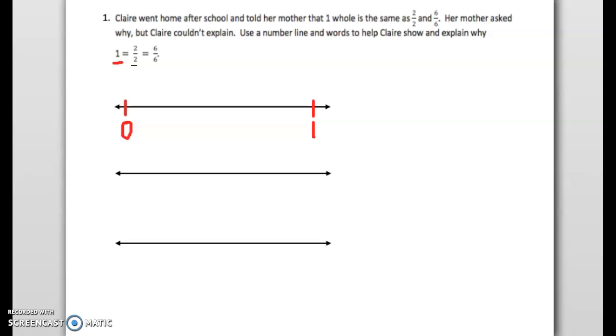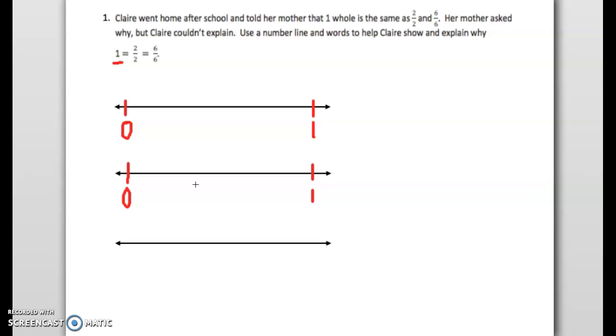So, beginning with 2 halves, we're just going to do the same thing. Our endpoints are 0 and 1. And since our fractional unit is halves, we're just going to label each fraction on our second number line.